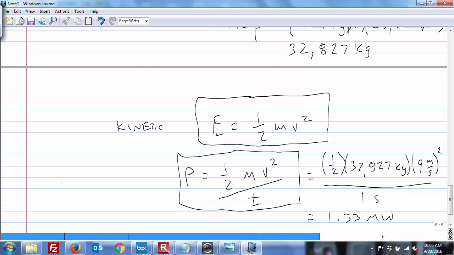So we can also say that a watt equals 1 kilogram times 1 meter squared divided by 1 second cubed. Those are the fundamental units of the watt for mechanical energy.